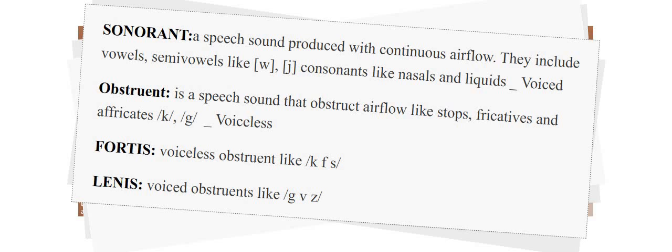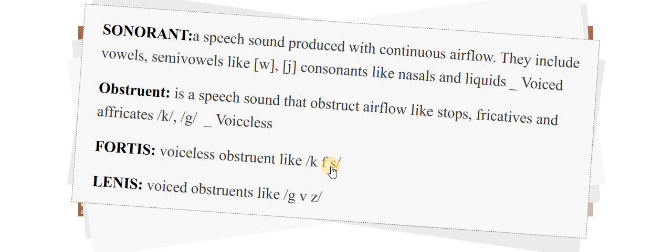Okay, so now we say that the Fortis is a voiceless obstruent, while the Lenis is a voiced obstruent. As you can see, for example, for Fortis we have ka, fa, and sa. All these are obstruents, but they are voiceless. They do not move the vocal cords.